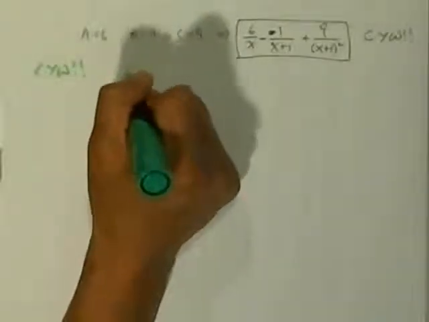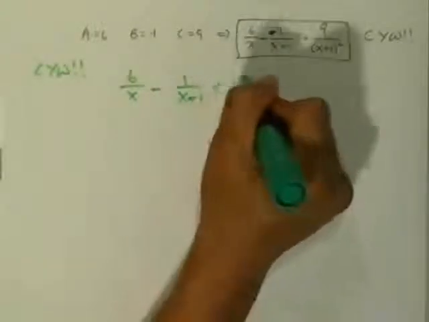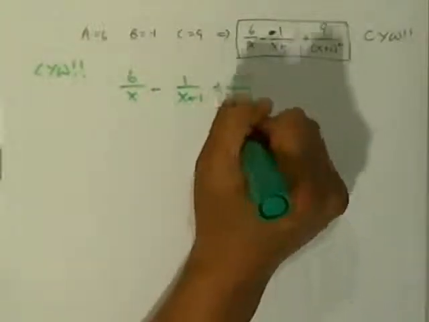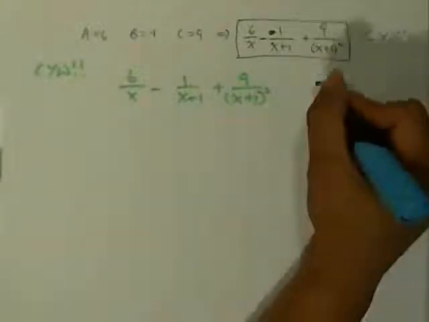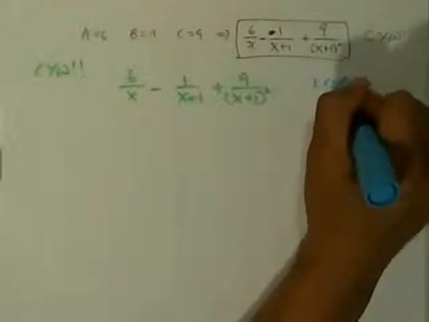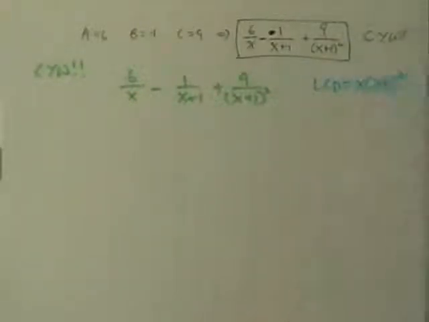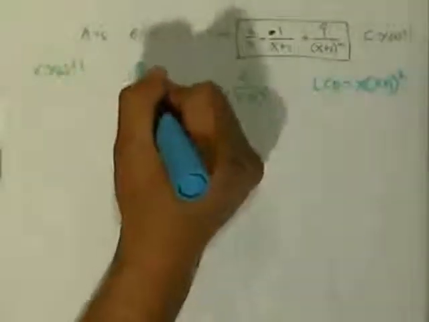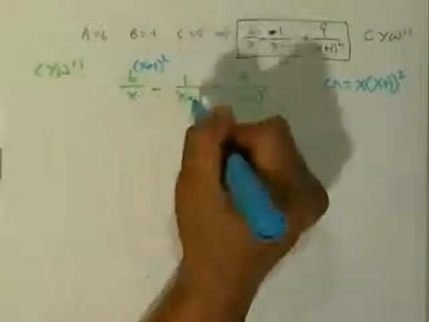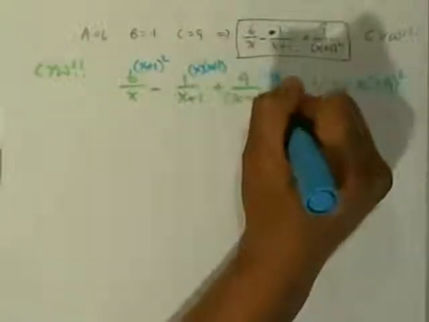Let's rewrite the equation. 6 all over x minus 1 over x plus 1 plus 9 all over x plus 1 quantity squared. Okay. What we're going to do is, since the LCD is equal to x times x plus 1 squared, I'm going to multiply this by x plus 1 squared, multiply this by x times x plus 1, multiply by x.